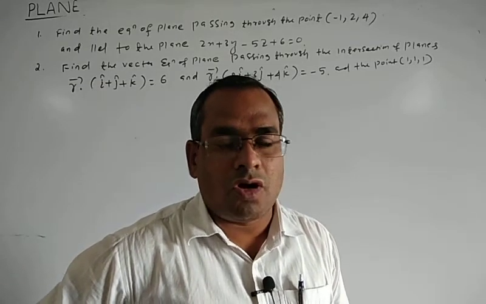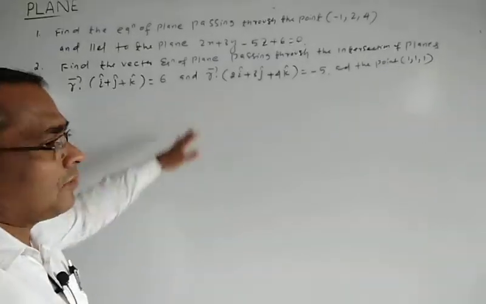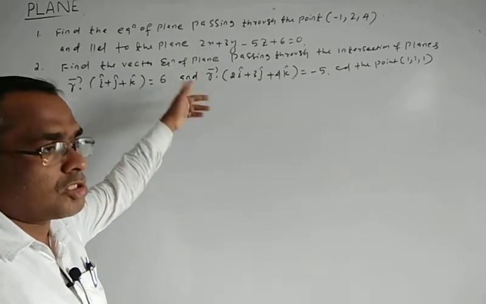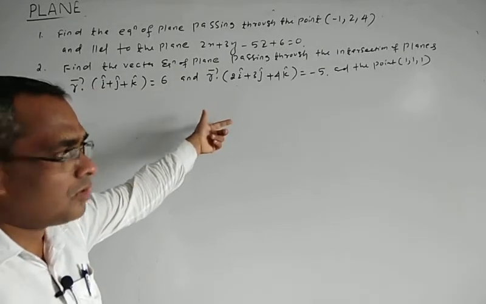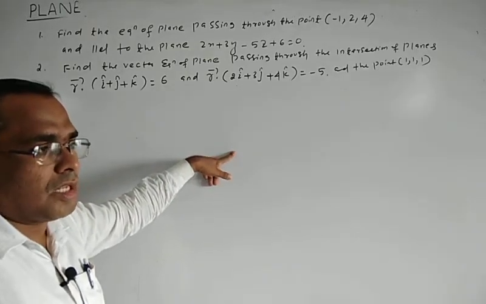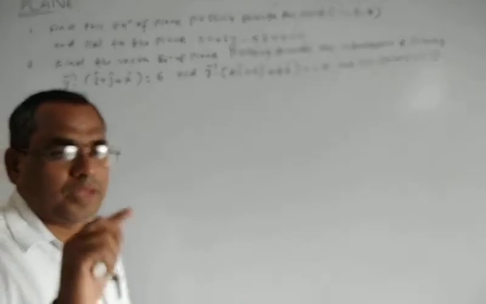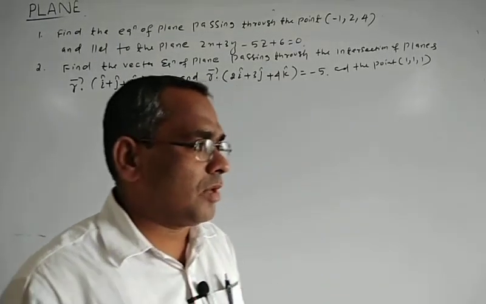This problem can be solved in a vector method, or you can first change to Cartesian form, then write the equation of the plane in the system of planes, that is p1 plus k p2 is equal to 0. Then find the value of k.